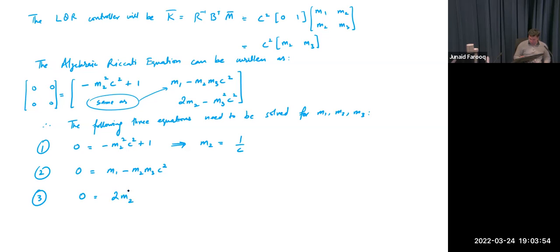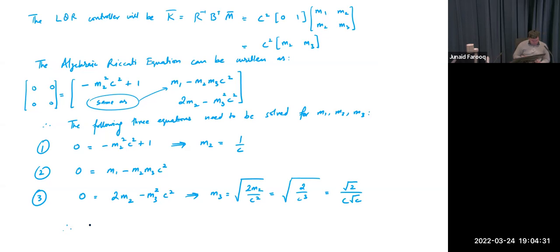The third equation is 2m2 minus m3 squared c squared. This can be used to find m3. From here, you will see m3 is the square root of 2m2 over c squared, which, if you replace m2 as 1 over c, gives 2 over c cubed, or square root of 2 over c times square root of c.